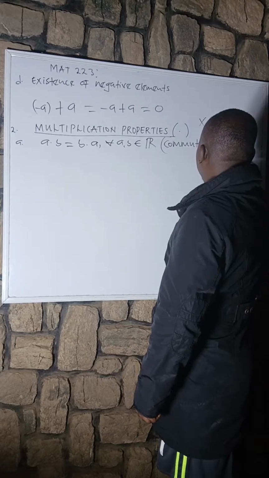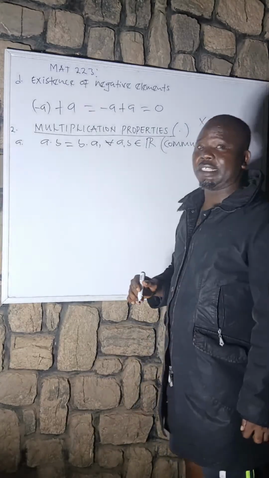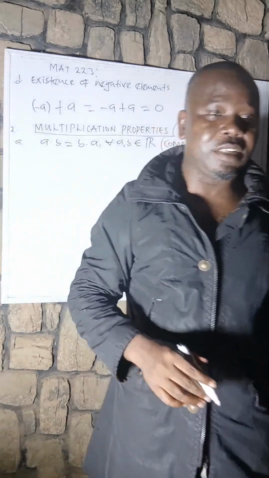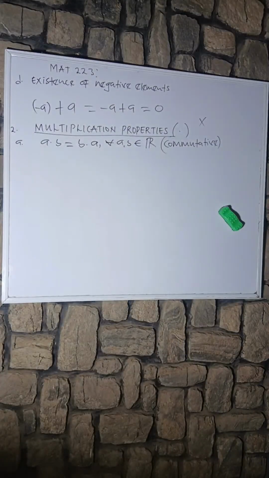We make use of the commutative law and it's very important. Is that clear? Any question at this point? Do you have any question? Yes or no? No question? It's okay.